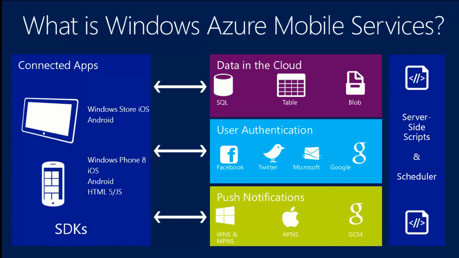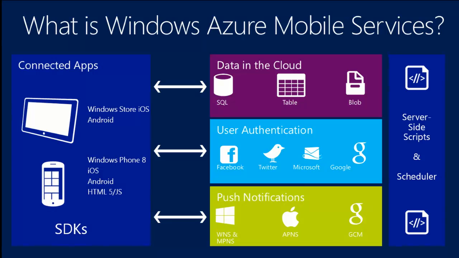User auth, out of the box, we support Facebook, Twitter, Microsoft, and Google as identity providers. We'll do Twitter. It's quite a simple process and takes away a lot of the pain normally associated with implementing authentication flows. And push notifications are the cool things that light up your start screen.